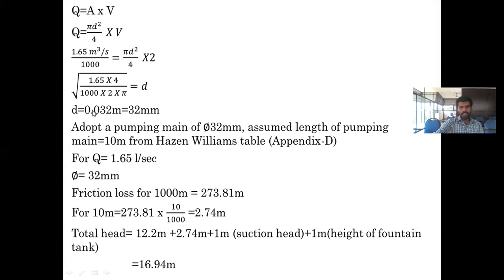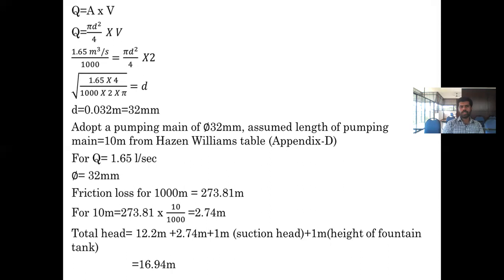So you got the diameter. You can write: adopted pumping main of 32 mm. Assume the length of the pumping main is equal to 10 meter. You can assume, as the length will be changing. In the actual case, if it is 6 meter, we can write 6 meter.